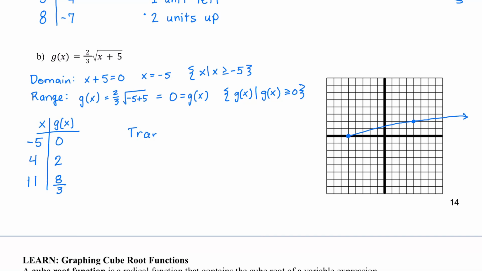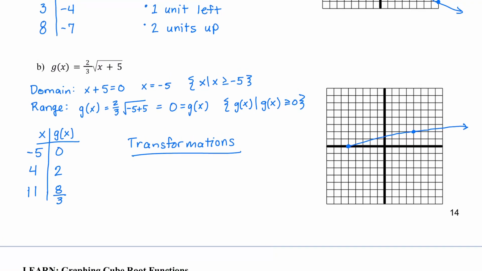So now what transformations do we see? For this one, our parent function, f of x, is square root of x. So we are multiplying by 2/3 for a. Now remember, a tells us whether it's a vertical stretch or compression.